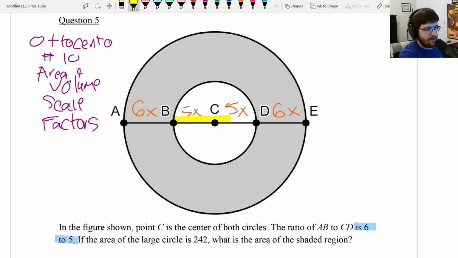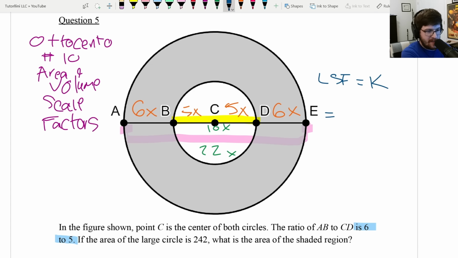So the diameter of the little circle is 10x. And the diameter of the big circle is 12 plus 5 plus 5. That's 22x. So the length scale factor, which we call capital K, is the big length over the small corresponding linear measurement.